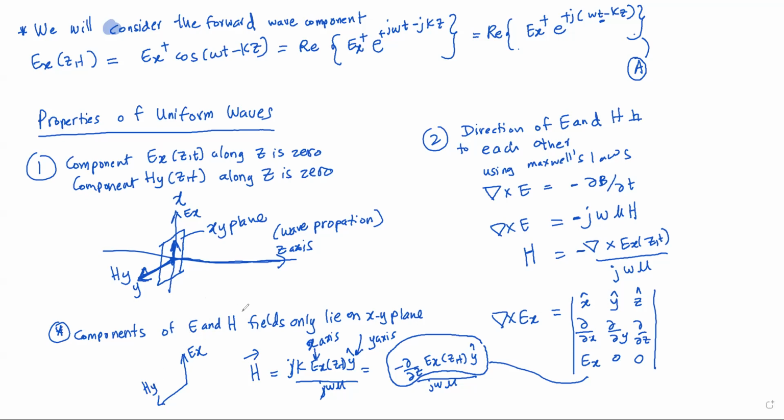So if we have other complex scenarios, this concept will remain the same. So for example, in the simplest case, you can assume that the total electric field is along only the x direction. If that is the case, the total magnetic field will be along the y direction, right?